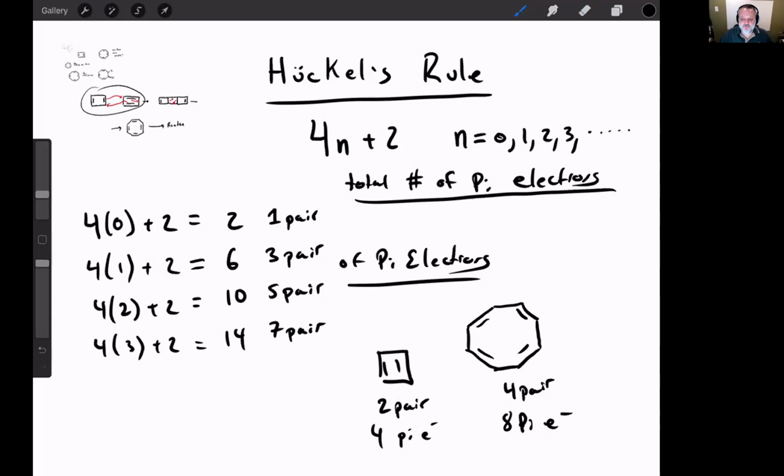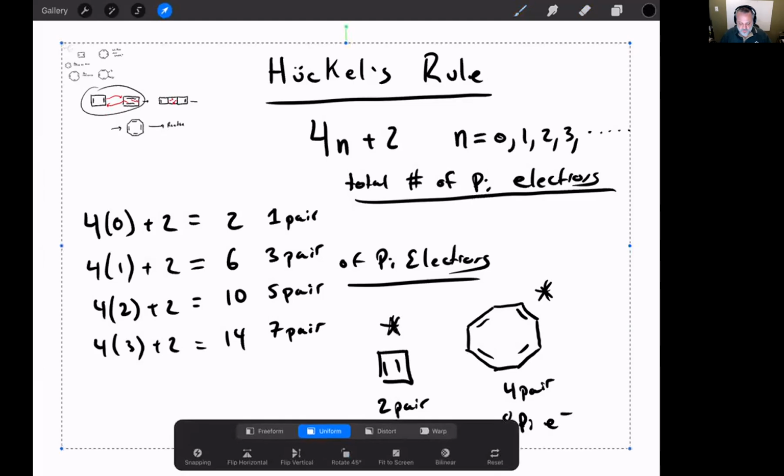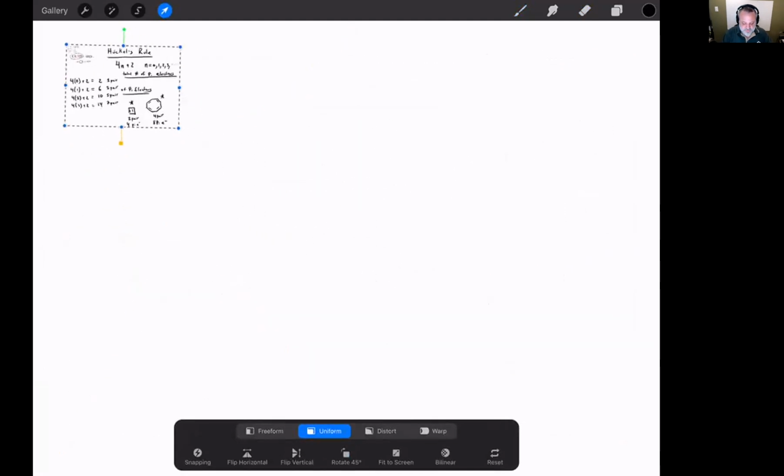So this is Huckel's rule telling us that these things will not exhibit any of that aromatic stability. And of course, we know that from their reactivities because they react much more readily than does benzene.